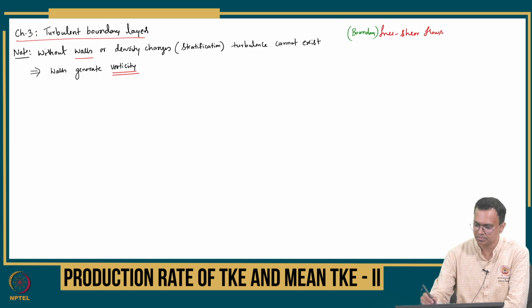What are the examples of a free shear flow? Oceanic flows. Which part of it? The surface, only if you take the wave and the liquefaction. Okay, a mixing layer, a free shear mixing layer, correct. So if you can have a mixing layer flow, let's say I have two different streams here.